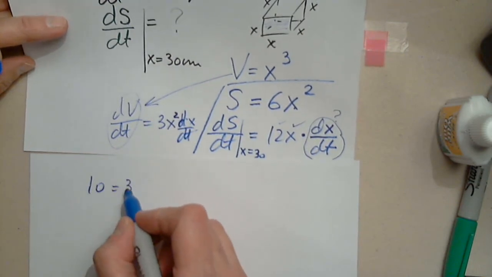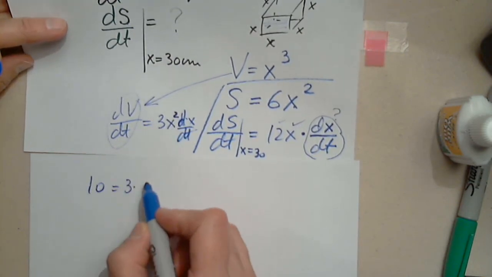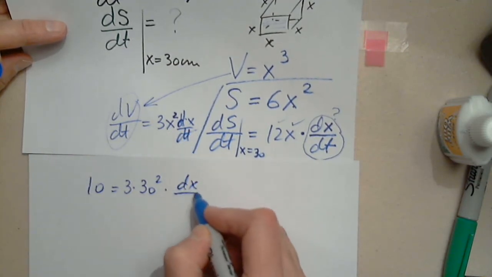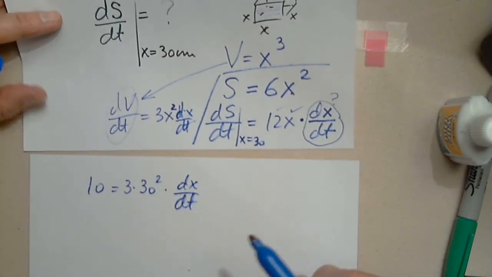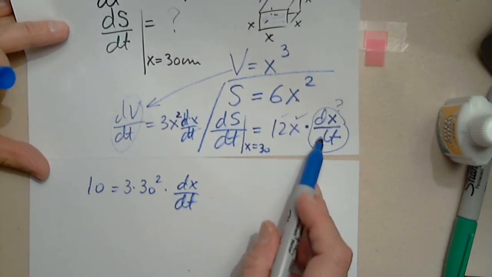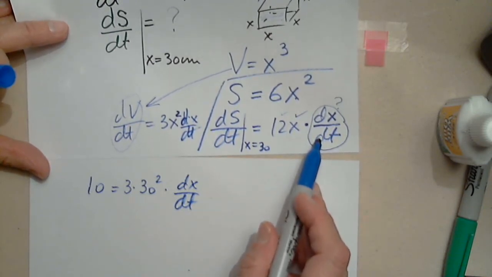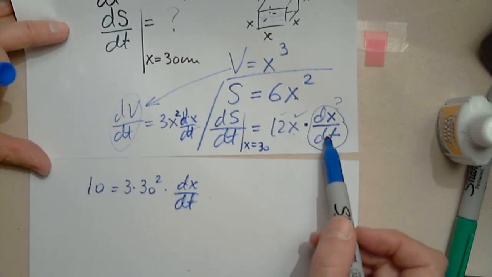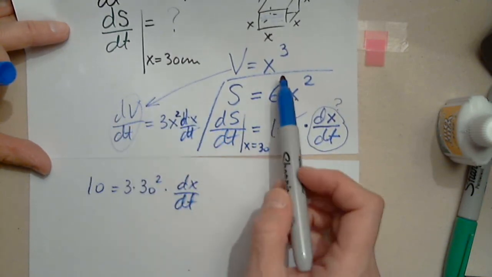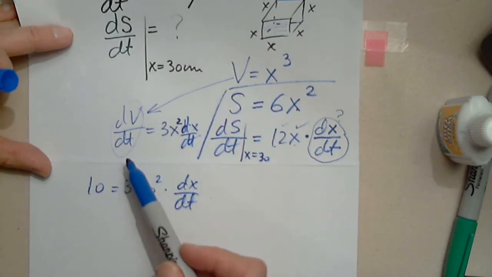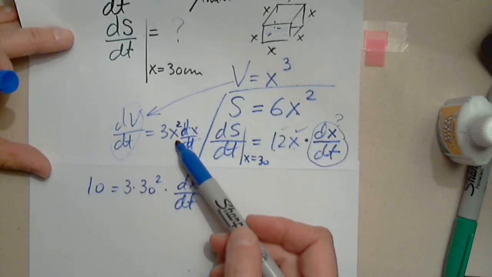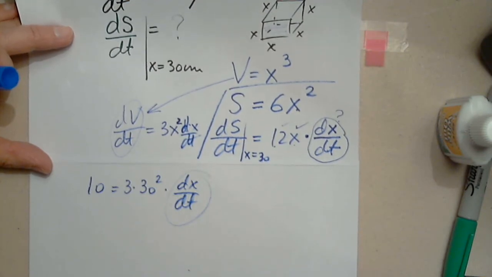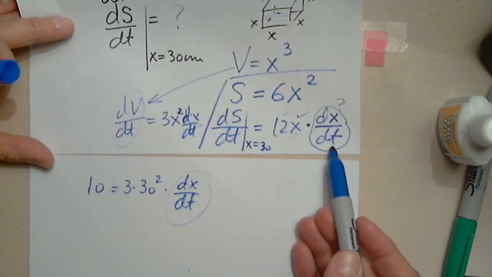I have this, it's 30 now. And I don't have dx over dt. I determine it and then plug it in. By differentiating the volume both sides, I get 3x squared dx over dt, then I can determine dx over dt at that particular instant. That's all I care about when x is 30.